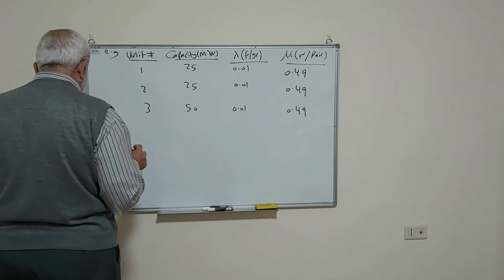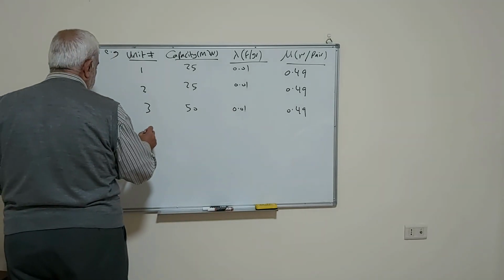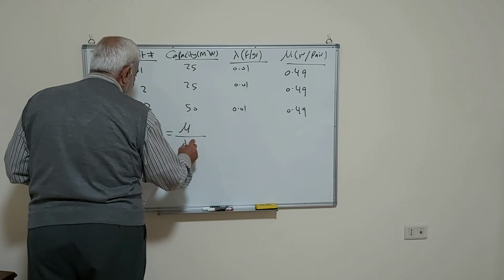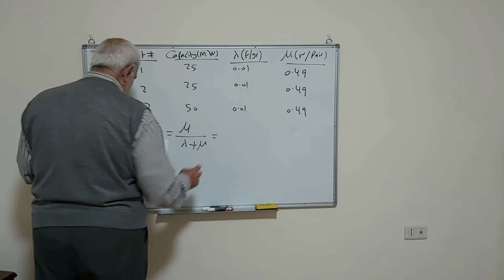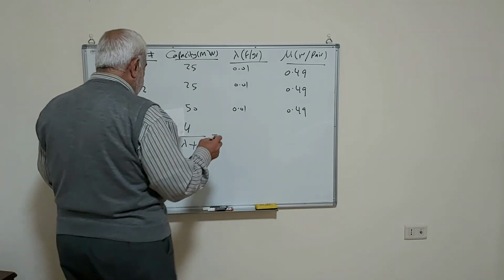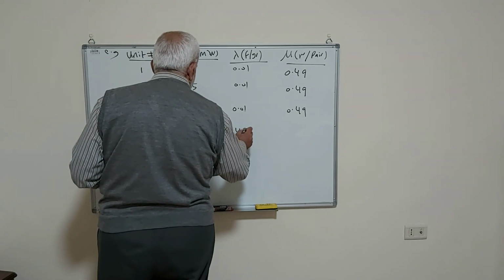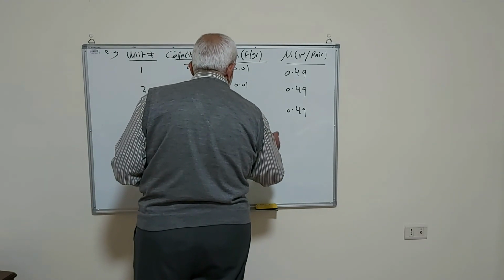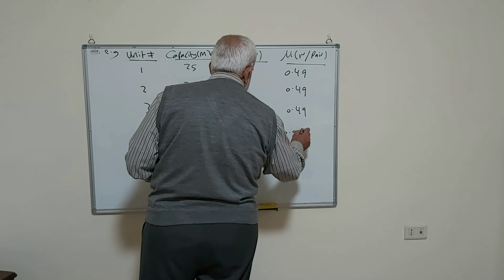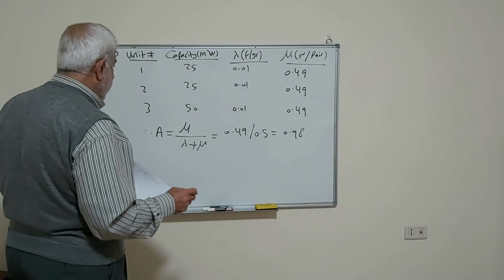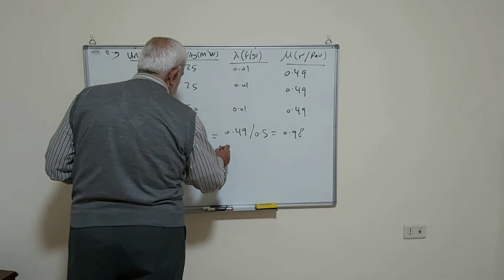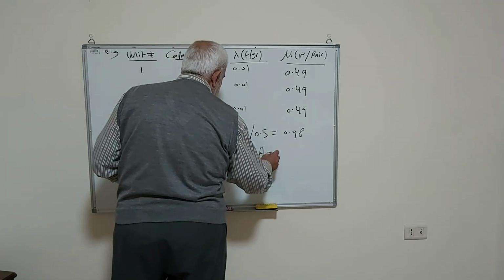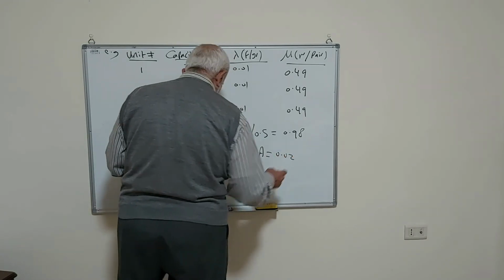Therefore, availability equals mu over lambda plus mu, which is equal to 0.49 over 0.5, which is equal to 0.98. Hence, unavailability U equals 1 minus A, equal to 0.02.